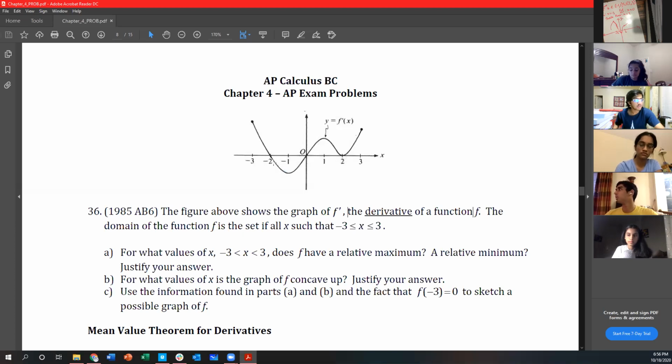Why? Because the derivative of f prime changes from negative to positive. That means at x equals -1, I have an inflection point. So the way I mark inflection points is with an x. So there's going to be an x here, changing from concave down here to concave up here. Okay? So that takes care of that.